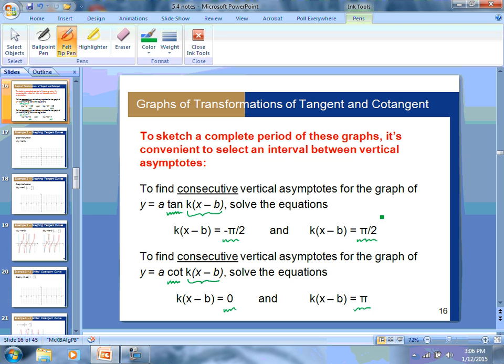Now that we've got two more types of graphs, there's different details for the sine and cosine graphs than there are for tangent and cotangent. So you have to keep all these little details straight in your mind. But you should be able to think through it as well, knowing where is my graph undefined. If you know where it's undefined, then you will know what to set those equations equal to.